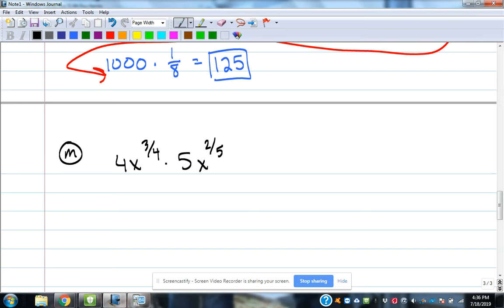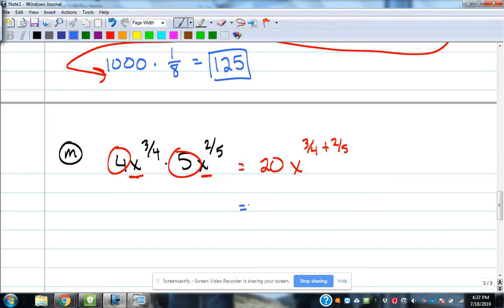So here, the base that we're dealing with is an x on both of these, and it's multiplication. So the numbers that are in the front are just regular numbers, and we're just going to multiply them together like normal. So 4 times 5 is 20. And then the x, the base, since we're multiplying, the rule is we add the exponent. So it's going to be 3/4 plus 2/5.